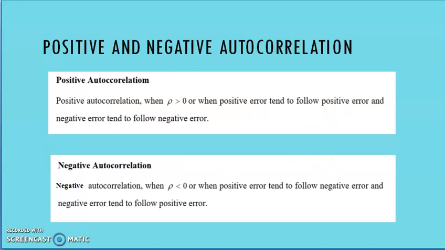In the specific situation, positive autocorrelation is when rho is larger than 0, or when a positive error is followed by a positive error and a negative error is followed by a negative error. Negative autocorrelation is when the value of rho is less than 0, or when a positive error tends to follow a negative error and a negative error tends to follow a positive error.